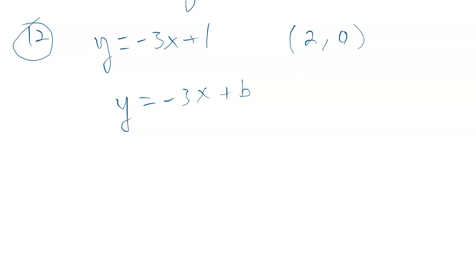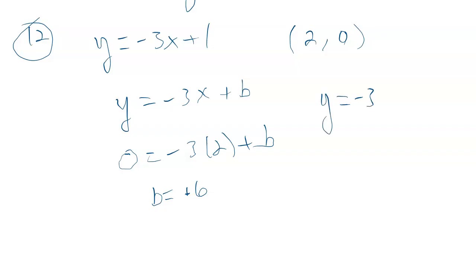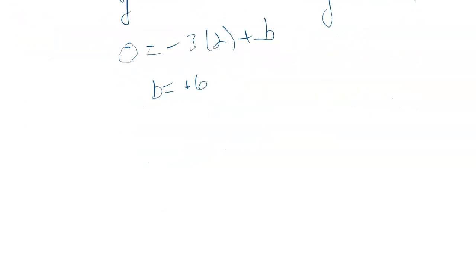Now let's plug in the point so we can figure out what b is. So I'll say 0 equals -3 times 2 plus b. B has to be equal to -6. Actually, +6. And we have the equation y is equal to -3x plus 6. Yep. All right, on to the next, 13.